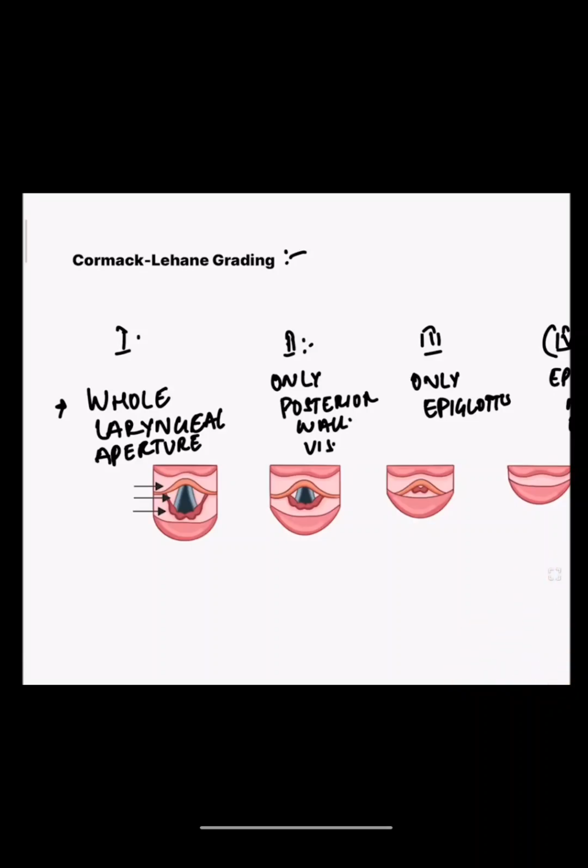But guys, imagine you are doing intubation and you see a Cormack-Lehane grade 3. Grade 3 means only the epiglottis is visible. What will you do? Will you put the endotracheal tube blindly? Two things can happen: either it can go into the trachea or it can go into the esophagus, and we cannot afford to take that risk.